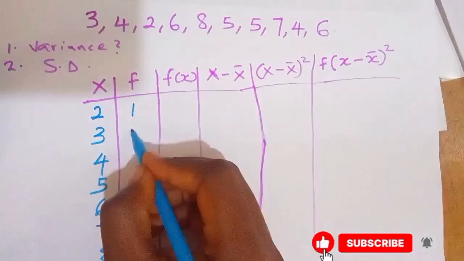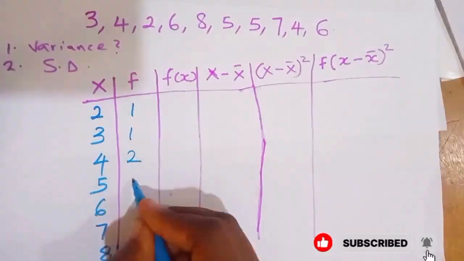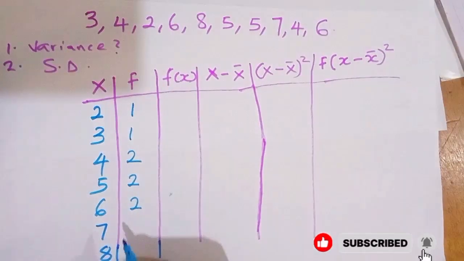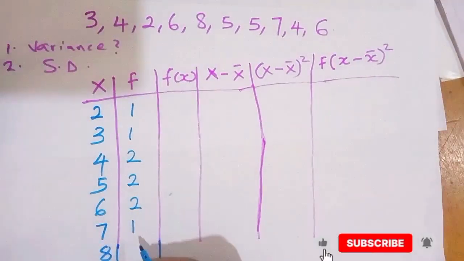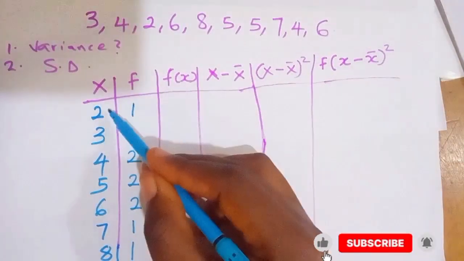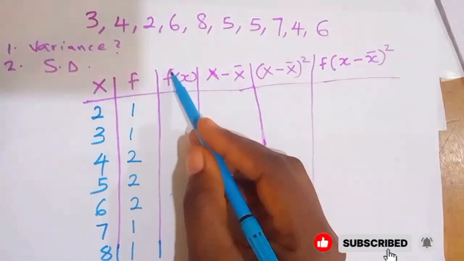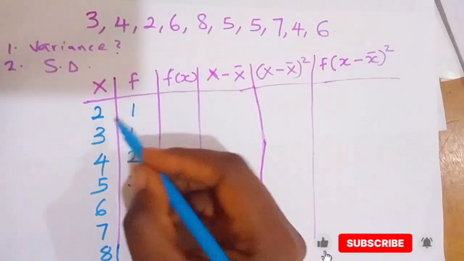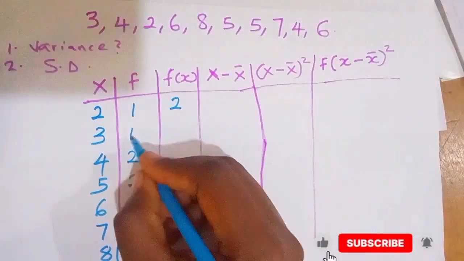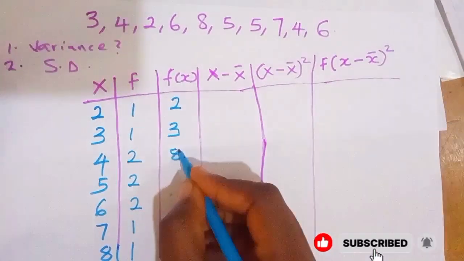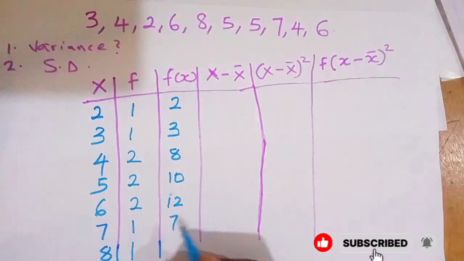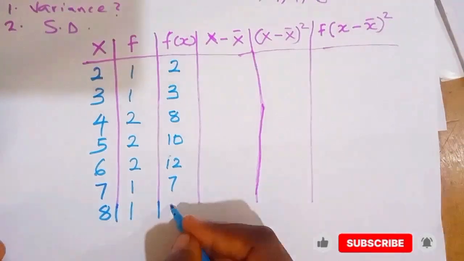How many times does 3 occur? 1. 4, 2. 5, 2. 6 occurs 2. 7 occurs 1. 8, 1. Now we multiply these two, because we have frequency multiplied by x. It will give us 2, 3, 8, 10, 12, 7 multiplied by 1 is 7, and 8 multiplied by 1 is 8.